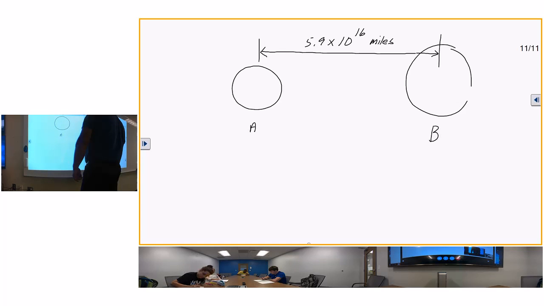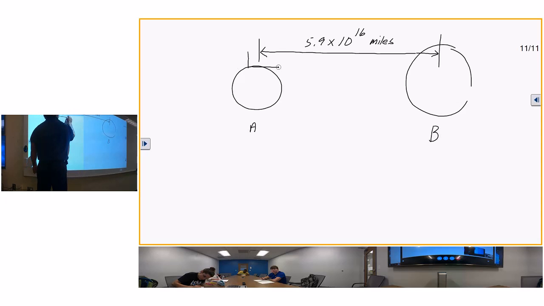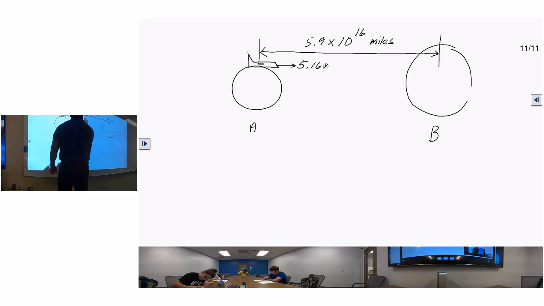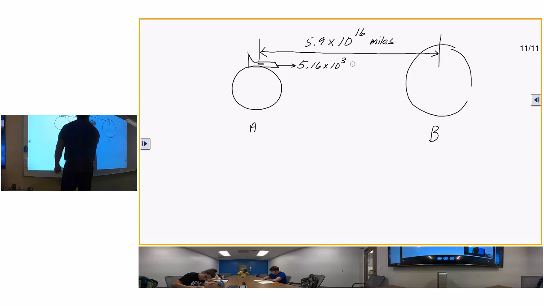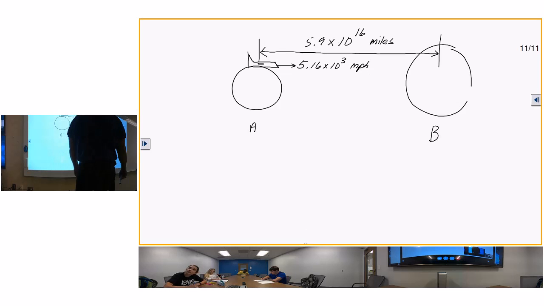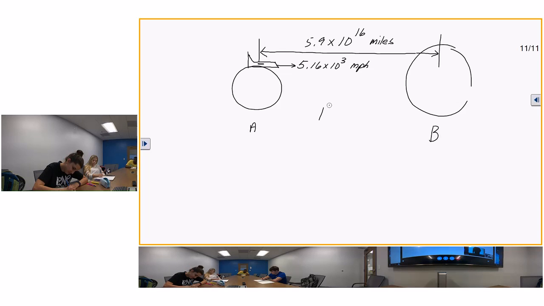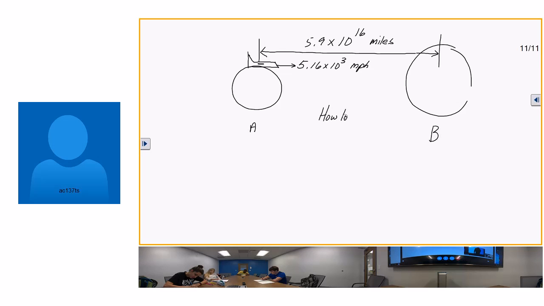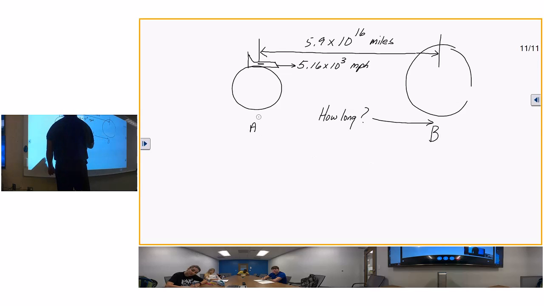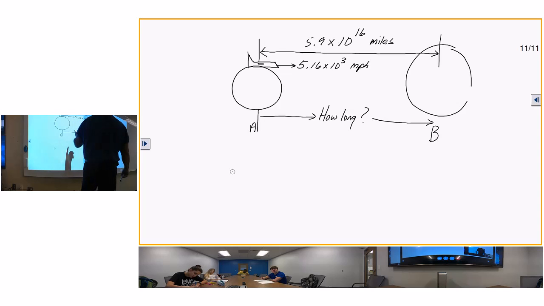You got a spaceship that can travel at 5.16 times 10 to the third power miles per hour. How long will it take you to go from point A to point B?